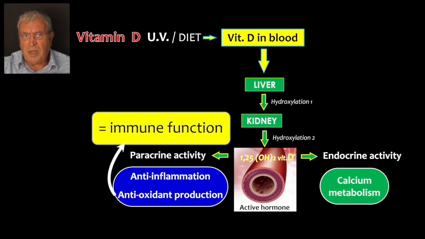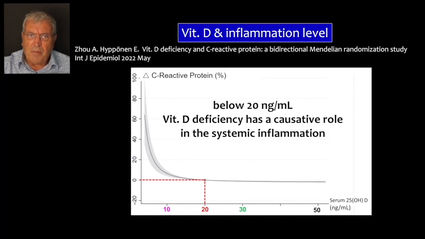And this is why vitamin D has an immune function, because it increases the antioxidant production. Below 20 nanogram, vitamin D deficiency has a causative role in the systemic inflammation. Then people will be in oxidative stress.